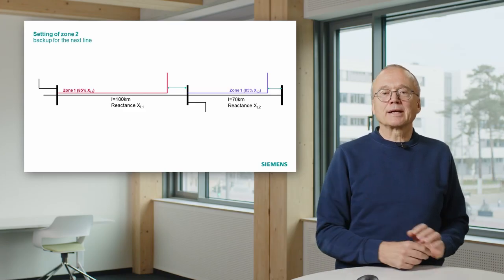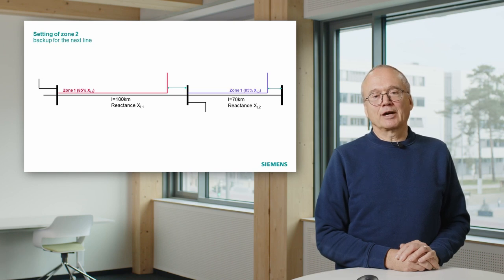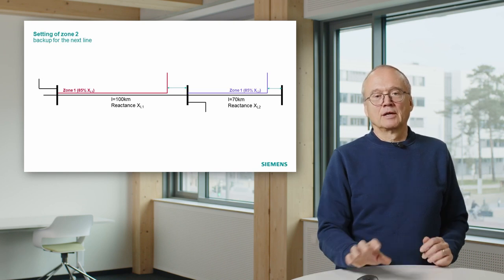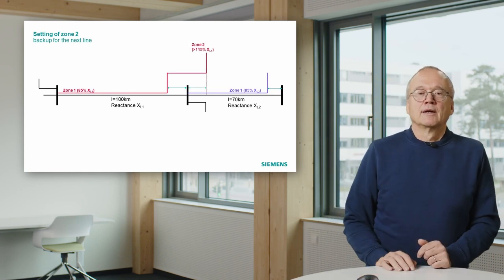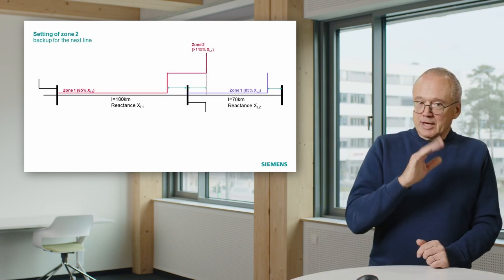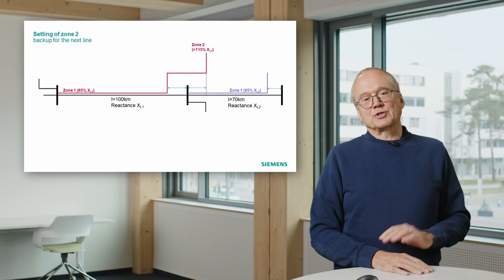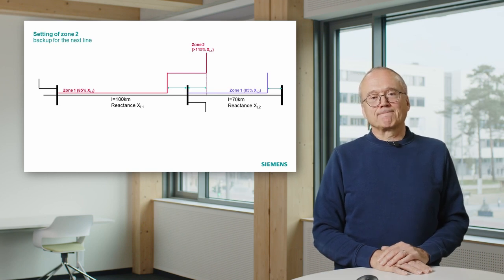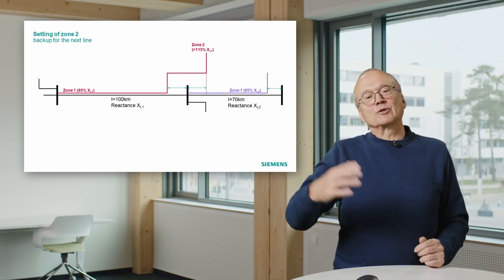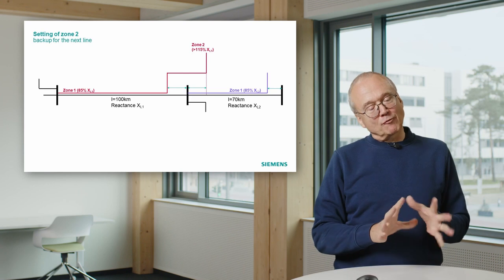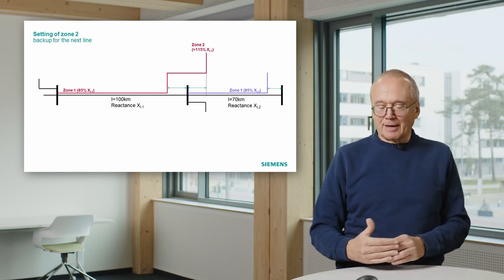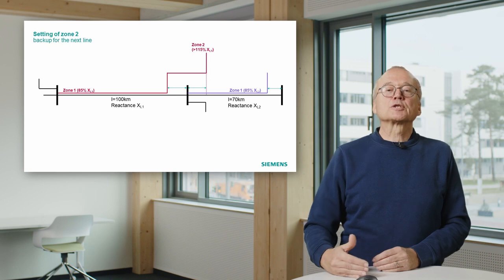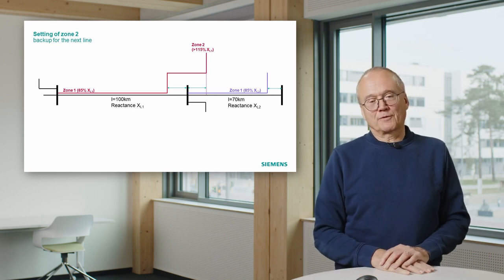Also there we make a setting of 85%. So now we look at zone 2. If we remember the setting I just described on the previous slide, it looks a little bit into the following line. That means if we have no measurement errors, it would already be a backup for the first 15% of the 70 kilometer line.